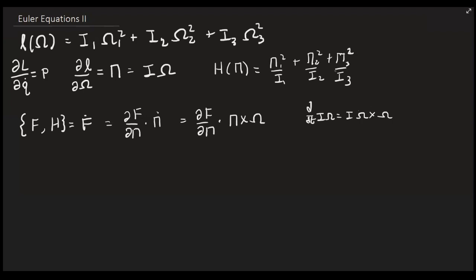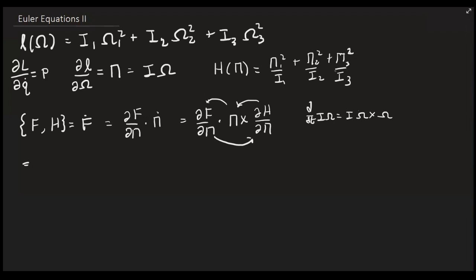Okay. Now, if you take a look at the Hamiltonian and you look at its gradient with respect to pi, you'll just see that its gradient with respect to pi is just omega. So we can actually rewrite this like that. Okay. And I'm going to use the same triple product identity that I mentioned last time. Just sort of move everything over by one and cycle it around at the end.